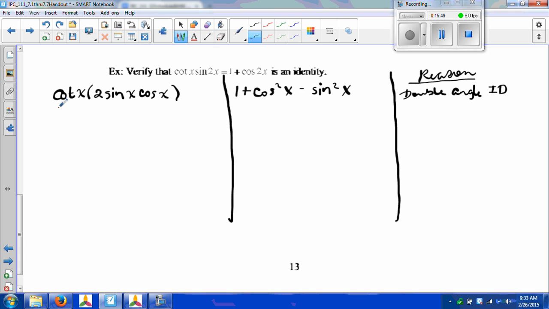Okay, so back to this side. Now I'm going to turn this into cosine x over sine x times 2 sine x cosine x. Remember, these guys are in the numerator, so you're going to be able to cancel those two right there, and that is the quotient identity.